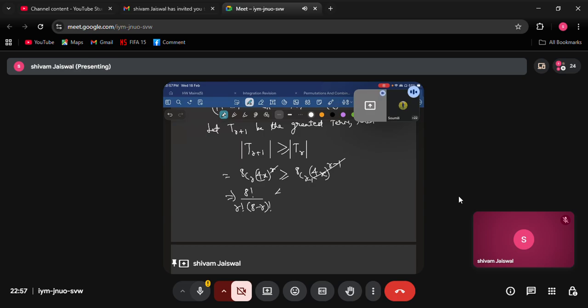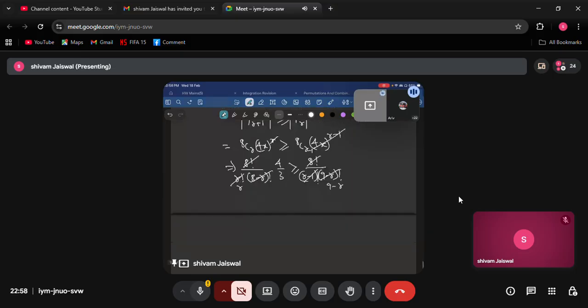The (4x)^r terms get cancelled, leaving 4x, which means 4/3 is greater than or equal to 8 factorial divided by (r minus 1) factorial into (9 minus r) factorial. From both sides 8 factorial gets cancelled. (r minus 1) factorial goes by r, and (8 minus r) factorial goes by 9 minus r.